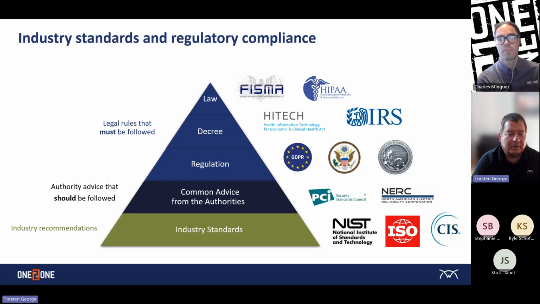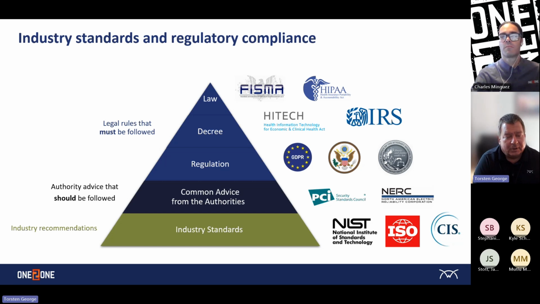And then on top of it, many industry associations like PCI, which is probably one of the most prescriptive regulations that you can find. NERC for the energy electricity area, they provide common advice as an oversight agency. And then you have industry standards like NIST, the ISO in Europe, CIS.